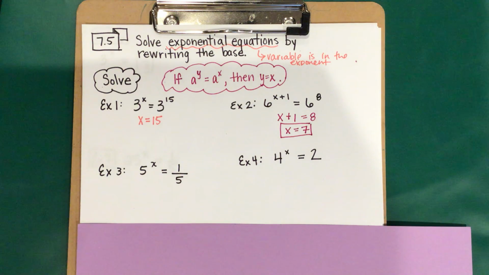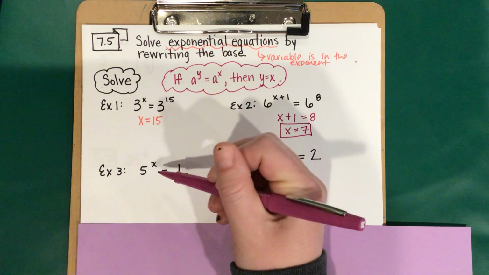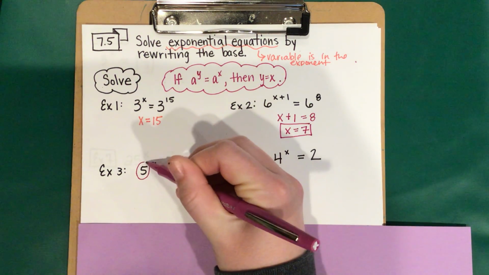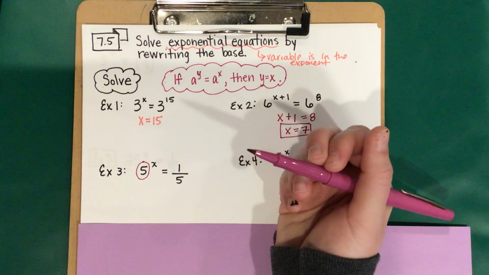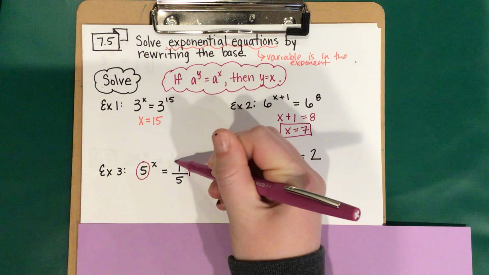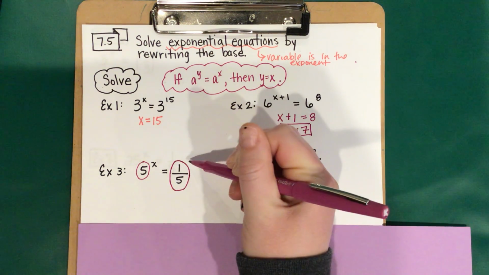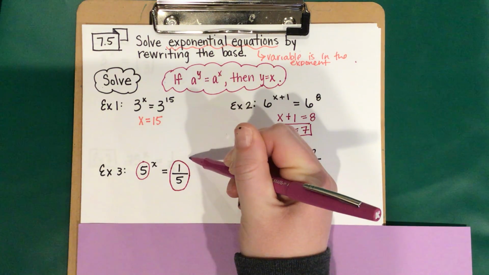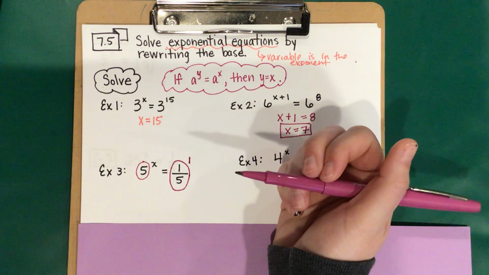Now, right now when I take a look at this, the 5 is my base and the x is the exponent. Well, when I take a look at this problem, one thing that you guys are going to need to see is that the 1/5 is your base and a 1 is your exponent.